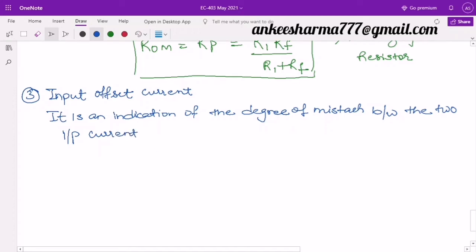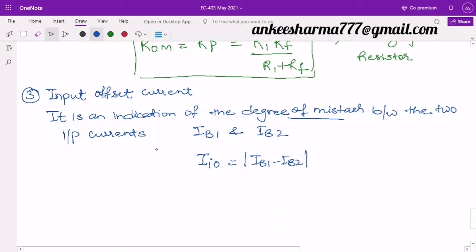So what are those two input currents? Those are IB1 and IB2. So input offset current IIO will be equal to the magnitude of IB1 minus IB2, as either of these two can be greater. So it is simply a degree of mismatch, so we take the magnitude of this, we take only the positive value.